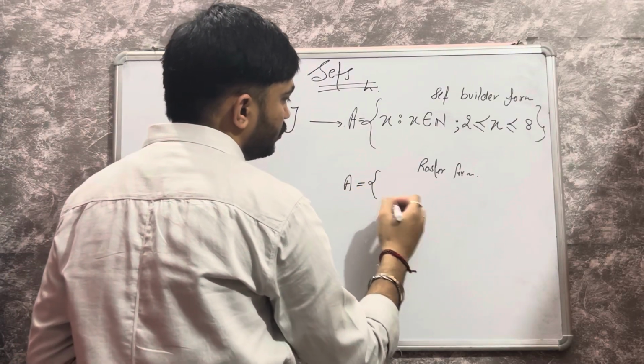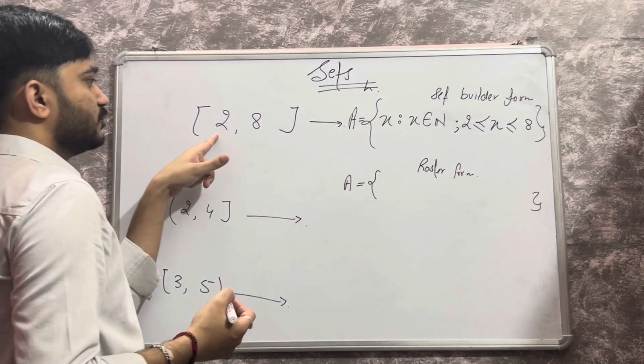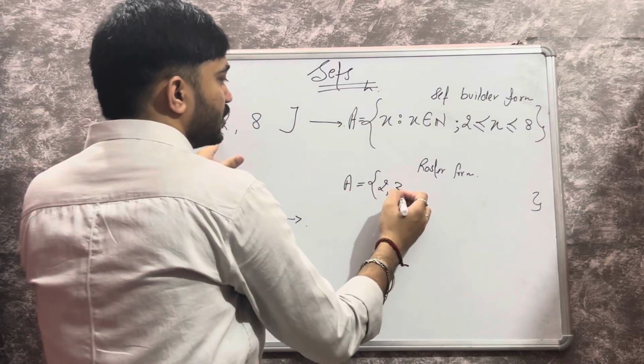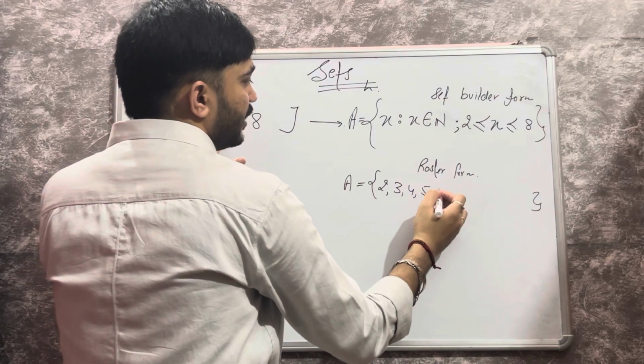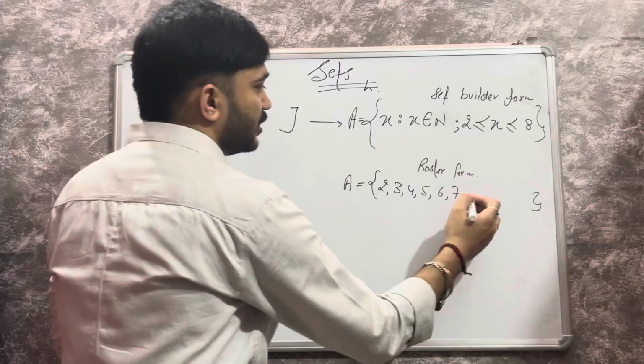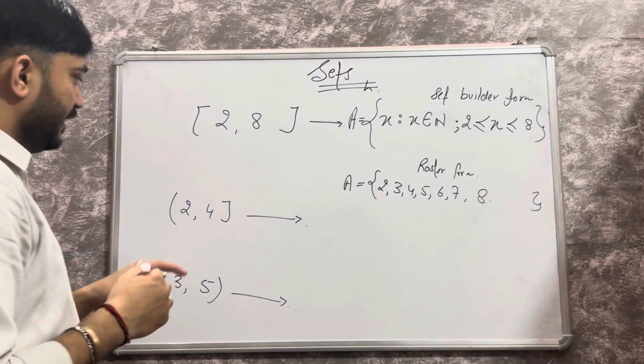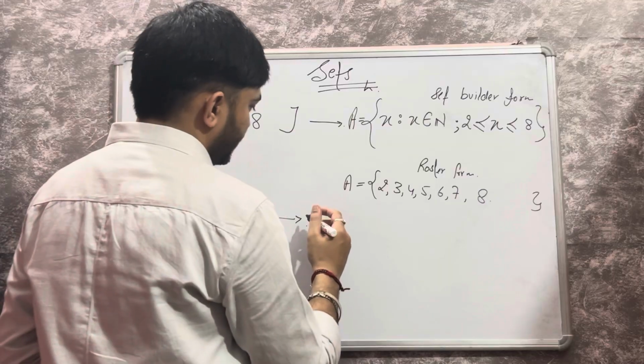And how do we represent this in roster form? A is equal to curly brackets on both sides. Write the values: since it is a closed bracket, 2 is included. 2, 3, 4, 5, 6, 7 and a closed bracket here too, so 8 is also included. Any doubts? Let us write this other set in set builder form first.